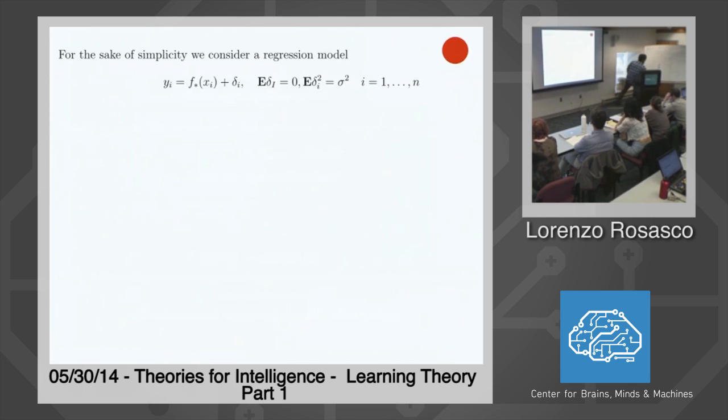Just think of the one-dimensional situation. So this would be my x, this would be my y. There would be a function that is fixed, but I don't have it. I have a bunch of points.